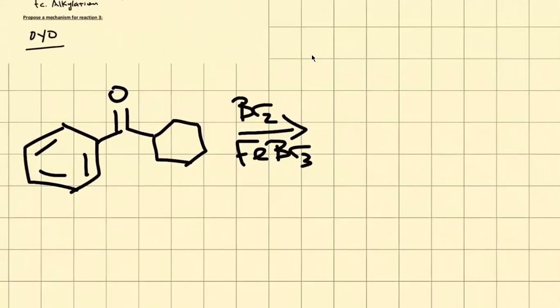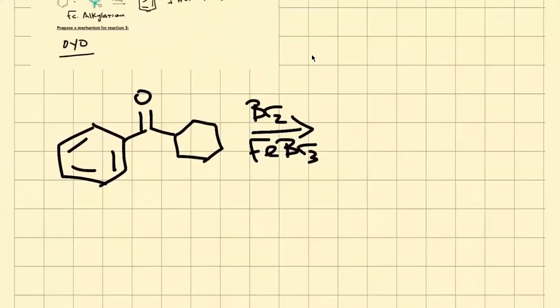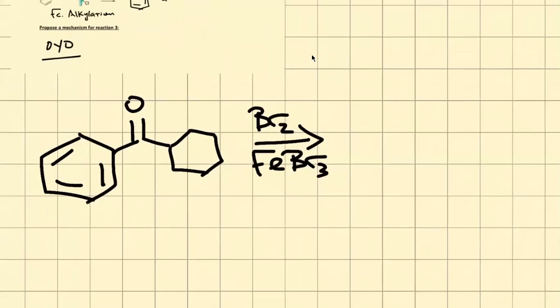So we're going to predict the outcome of that reaction. If I brominate that product, first question is, is this a donor or an acceptor?